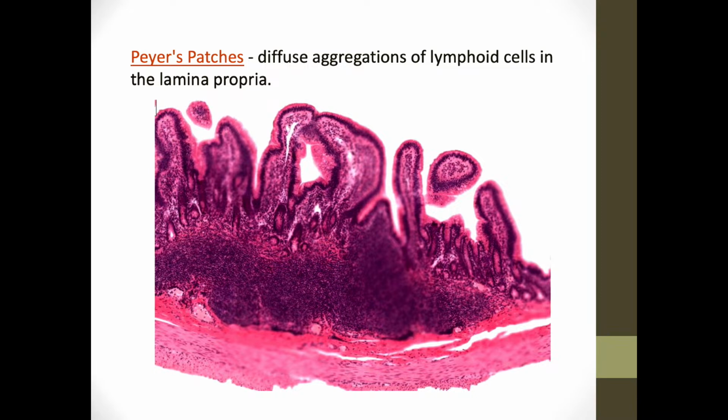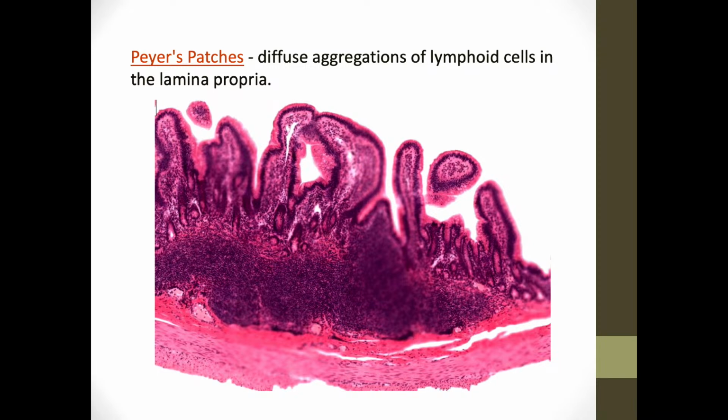The last segment of the small intestine is the ileum, which differs from the other two segments. Why? Because in the ileum the folds and villi are not so developed, which are numerous in the duodenum and in the jejunum.